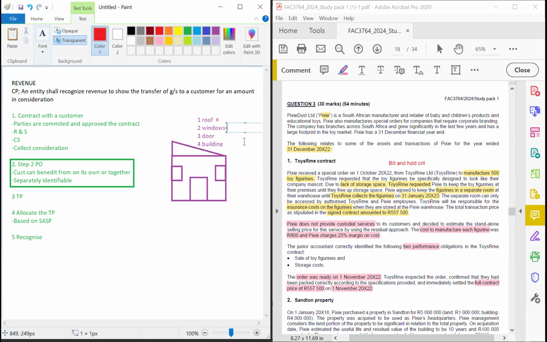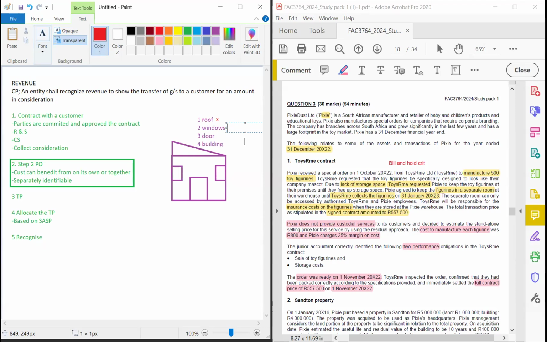If they have been cut into dimensions that can fit this house alone, then it is not separately identifiable, right? Now, are the windows dependent on this house? So obviously they are dependent, right? But now, if these windows can be sold to anyone else, if they can fit other houses too, then they are separately identifiable, meaning that you can sell them alone.